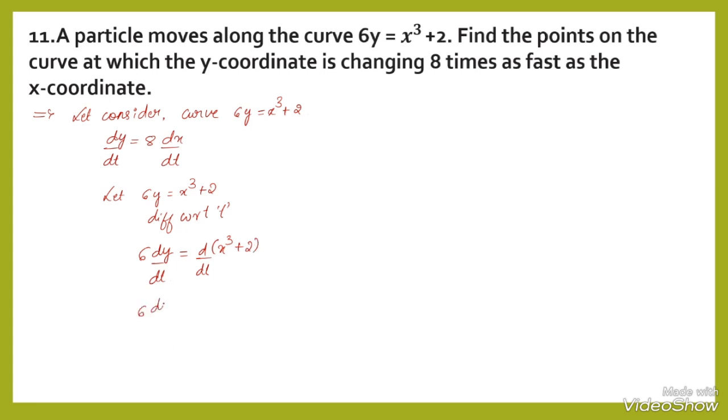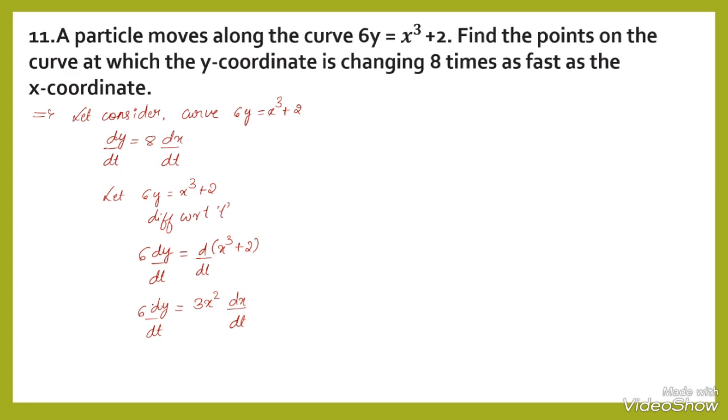It is 6 dy by dt is equal to 3x square dx by dt. Differentiation of 2 will be constant. So we want dy by dt.